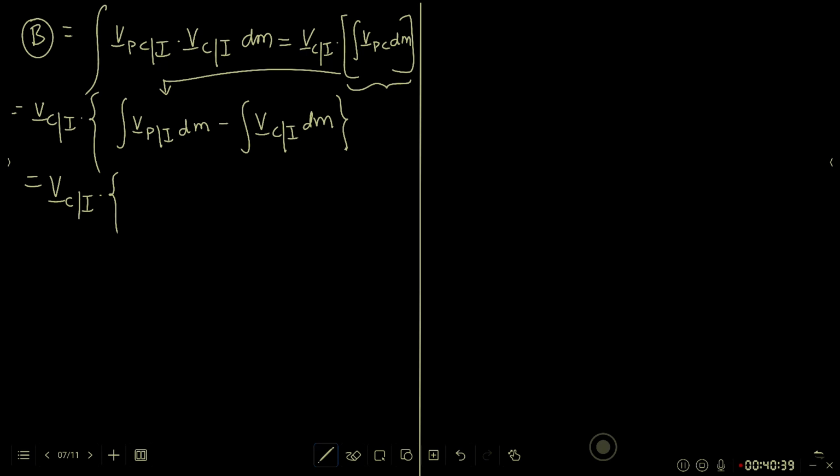It will be out of the integration, leaving the integral of dm, which will become M VCI again, equals 0. Okay. You're left with term C.